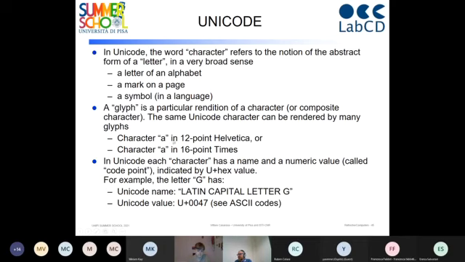The example here is that you have the capital letter G, which is always this code point. However, on the screen, this Latin capital letter G can be small if you are using 12-point Helvetica, or can be bigger if you have 16-point Times, and so on.